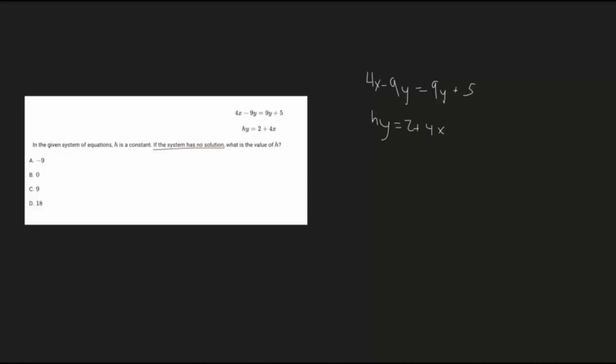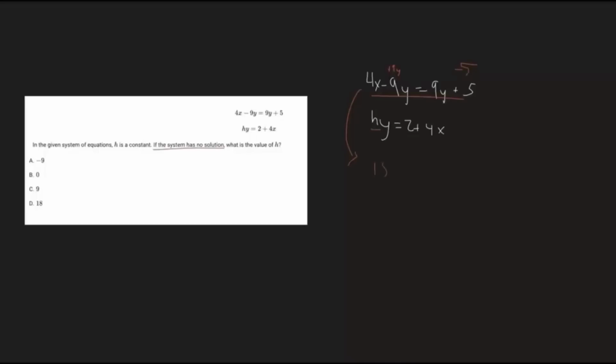So in order to find the corresponding values for the constant of h, what we need to do is first put these equations into slope-intercept form. So the top one right here, what we can do is add 9y to both sides, and then we want to subtract 5 from both sides, just so we can isolate for y.